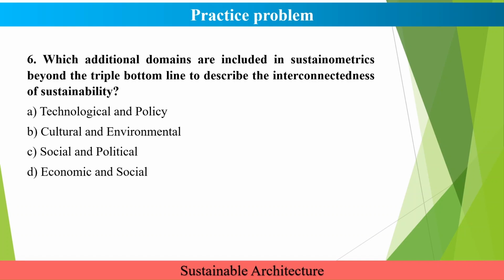Apart from that, these two sub domains, technological and policy, are also included in this sustainometric in order to recognize the significant role of technology and policy in shaping sustainable development. Okay, then I think we can move to the seventh question.